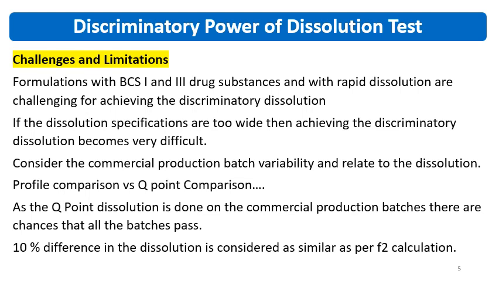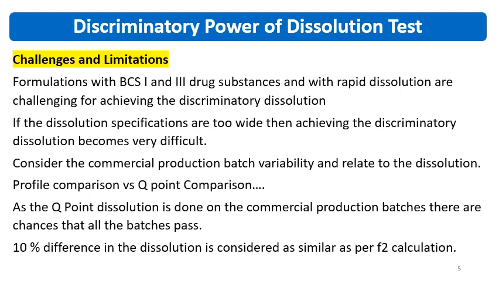So you have to set a meaningful specification of 15 minutes as per the current guidelines. Never go for a too wide specification, otherwise you will not get the discrimination.